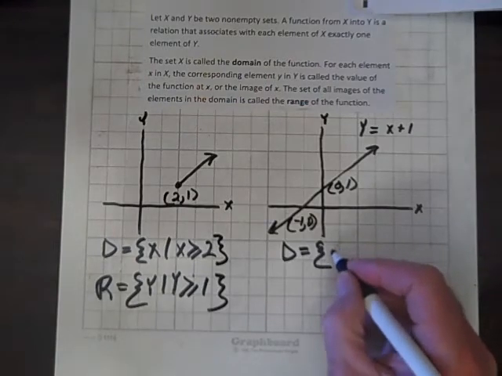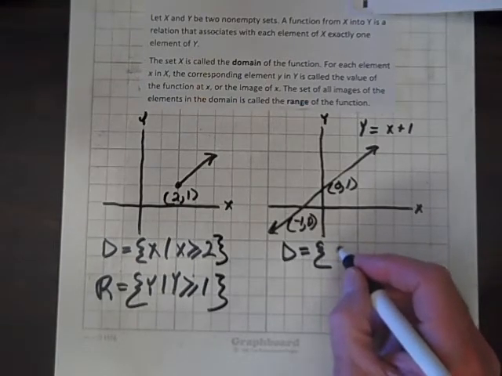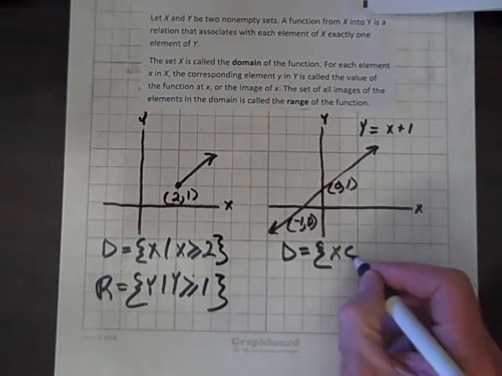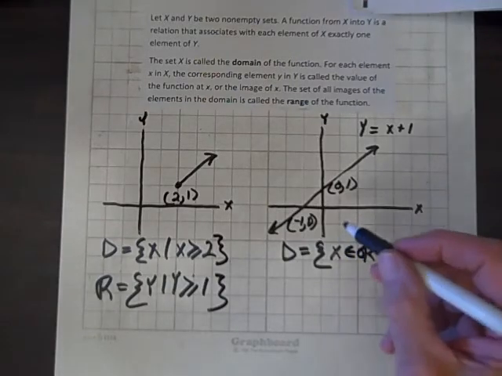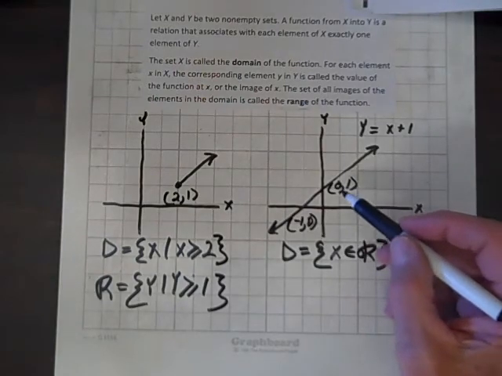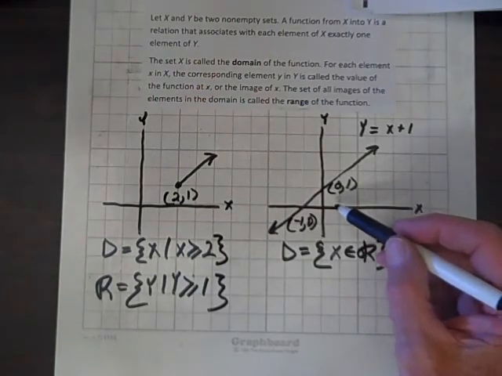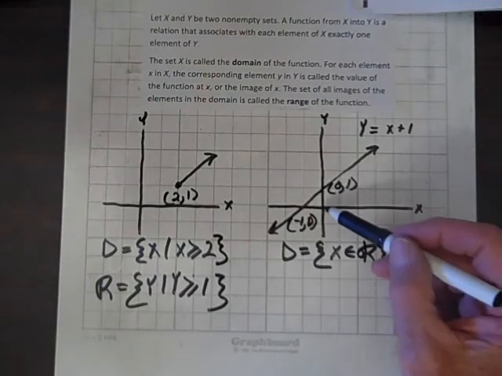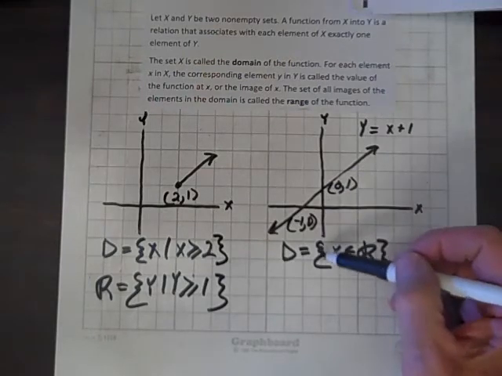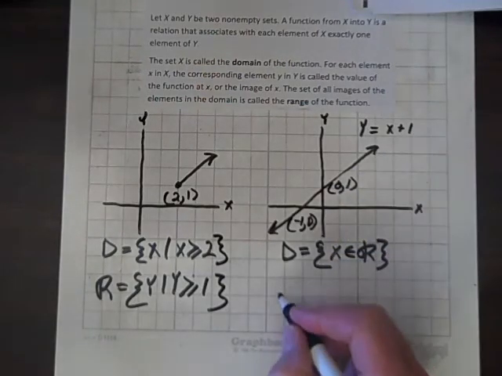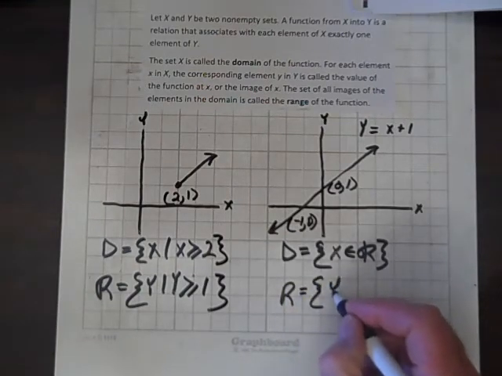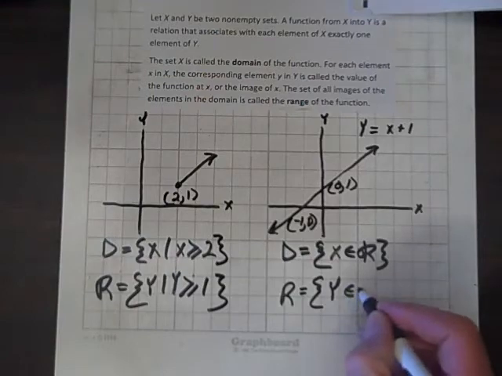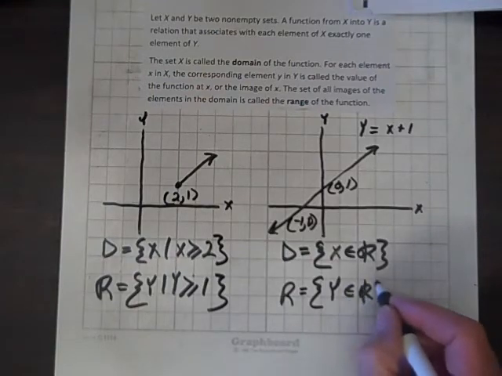So the domain is all reals, or in set builder notation, x element of the reals. Correspondingly, the y values include all those above 0, including 0, and all corresponding y values below 0. So the range is all reals, or y element of the reals.